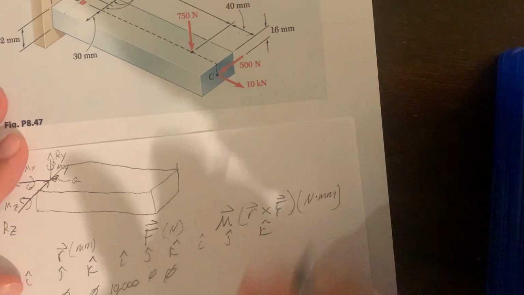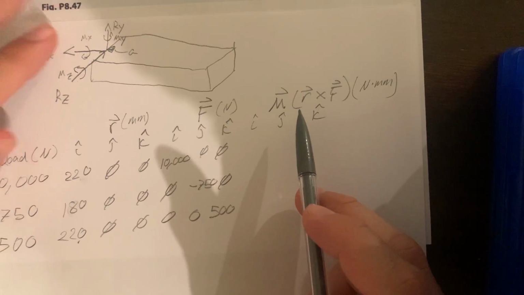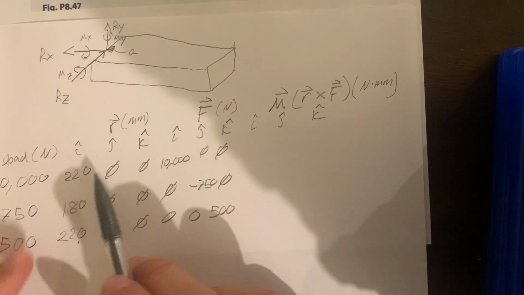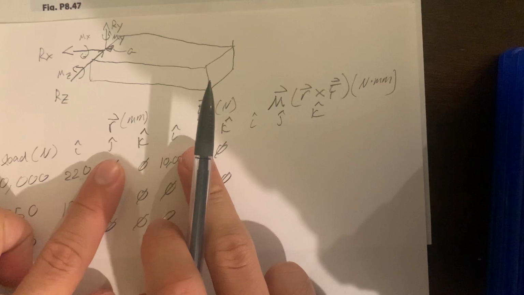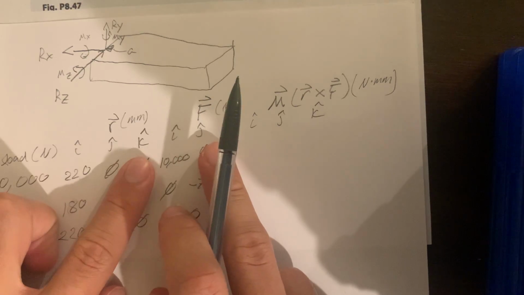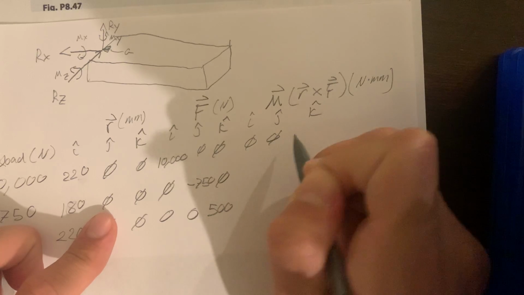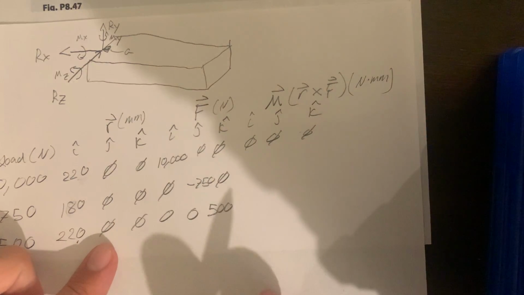Okay, now we want to solve for our moment vectors, so we do the cross product. For this one over here, if we do the cross product of any, it just ends up being 0 all around, and that makes it much easier.